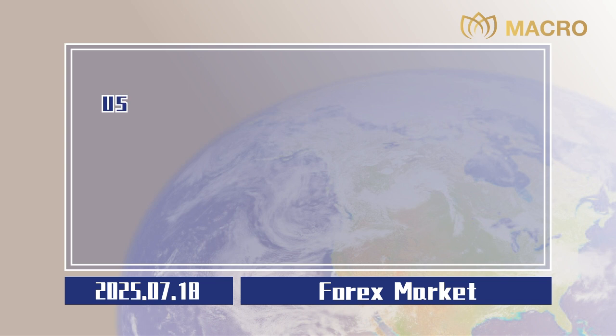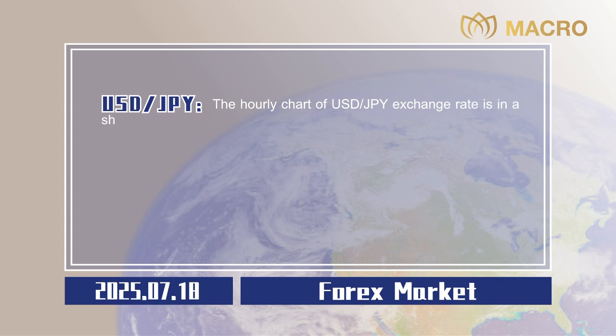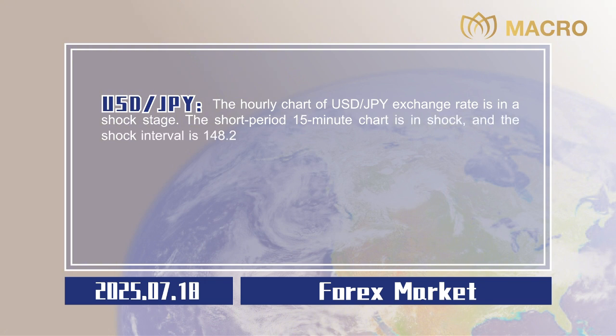US dollar to Japanese yen. The hourly chart of US dollar to Japanese yen exchange rate is in a shock stage. The short period 15-minute chart is in shock, and the shock interval is 148.27 to 148.75.